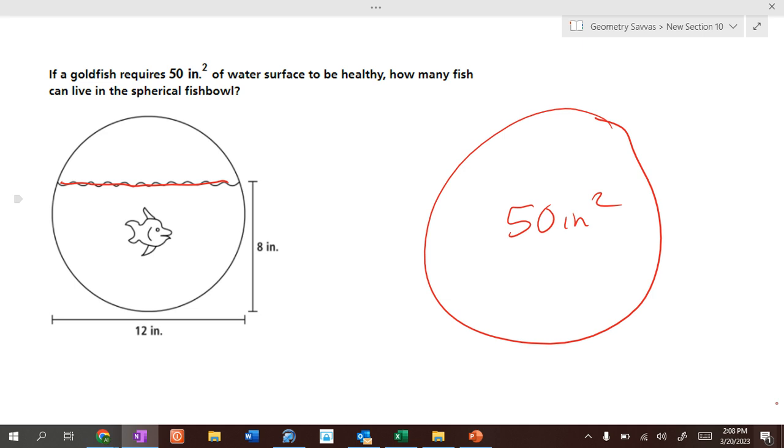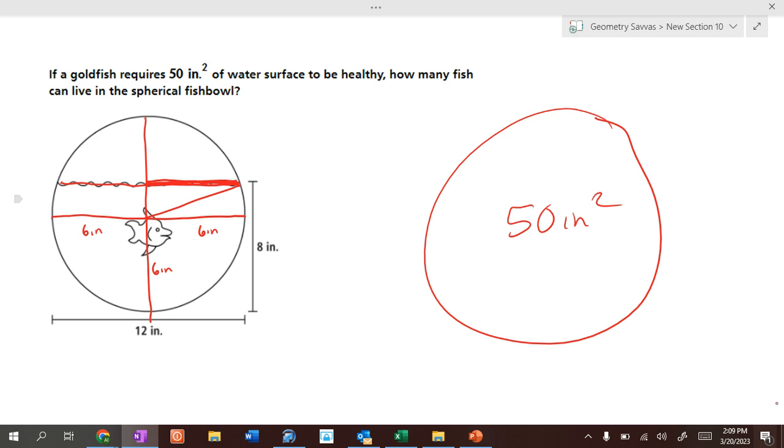Now, again, I'm going to draw some diameters in here. So now we have a bunch of radiuses. What's the length of each radius? 6 inches. And then to figure out how long this is right here, because that's the magical thing.